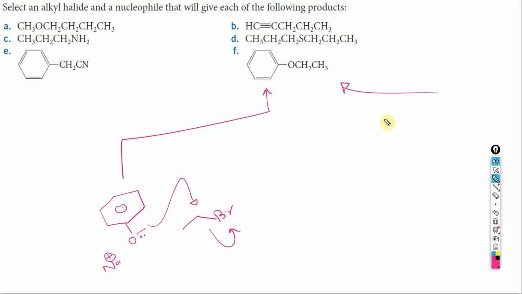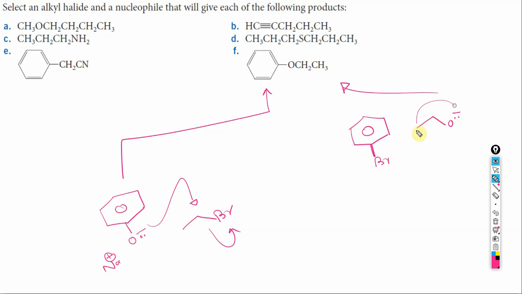That is one combination. The other combination, similar to the approach we used in problem A, could be the bromine on the phenyl ring and the ethoxide being the nucleophile.